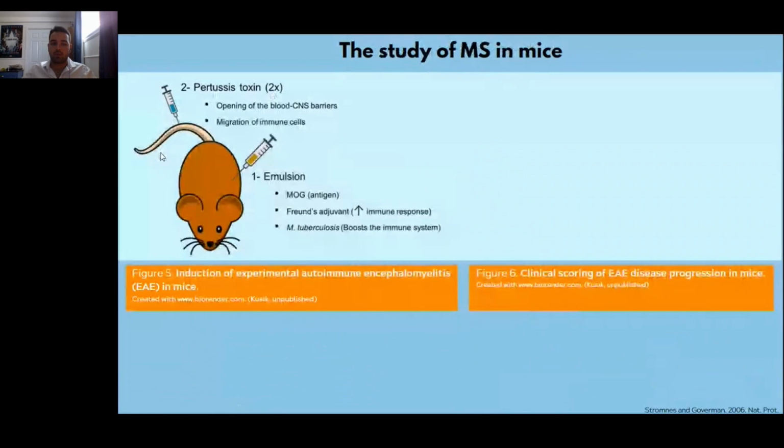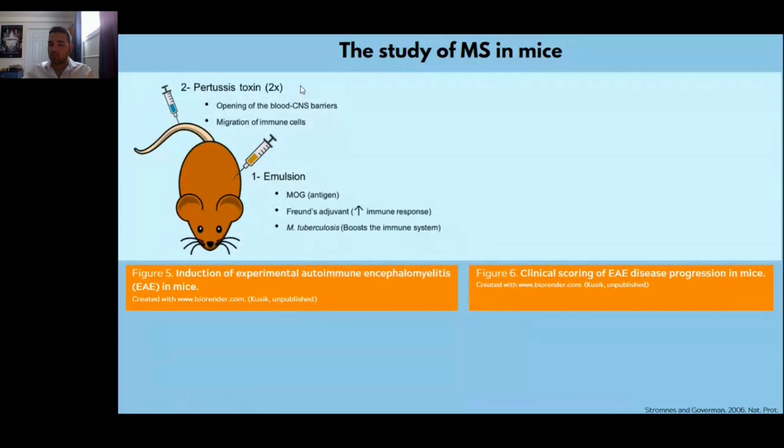The mice have a disease called experimental autoimmune encephalomyelitis, or EAE, which mimics multiple sclerosis, and it is induced by two injections. The first one will drive an immune response towards the central nervous system of the mice, and the other injection will promote this immune response.